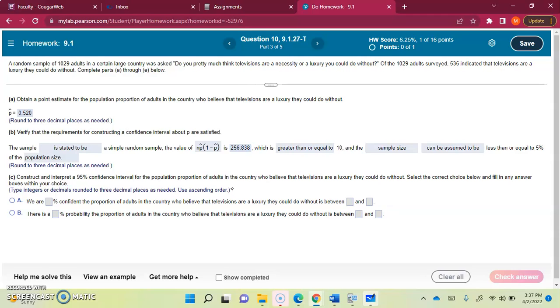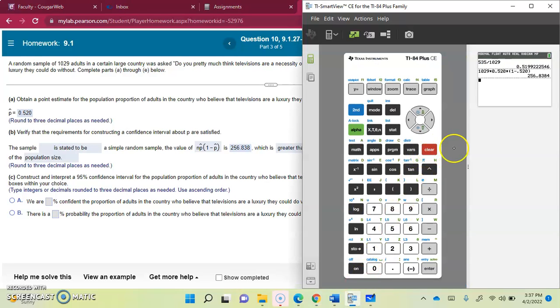Construct and interpret the 95% confidence interval for the population proportion with the given sample proportion. If you guys remember, I told you for population proportion the method is to use STAT, TESTS. In tests, at alphabet A, there is 1-PropZInt.